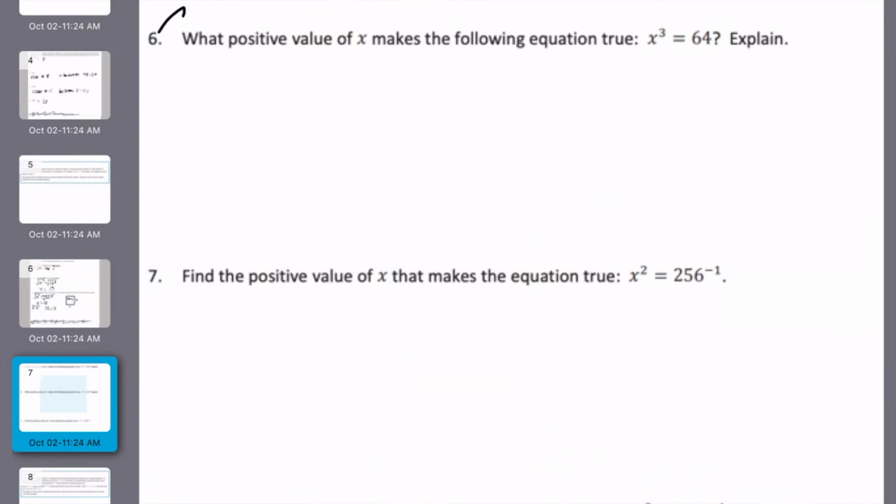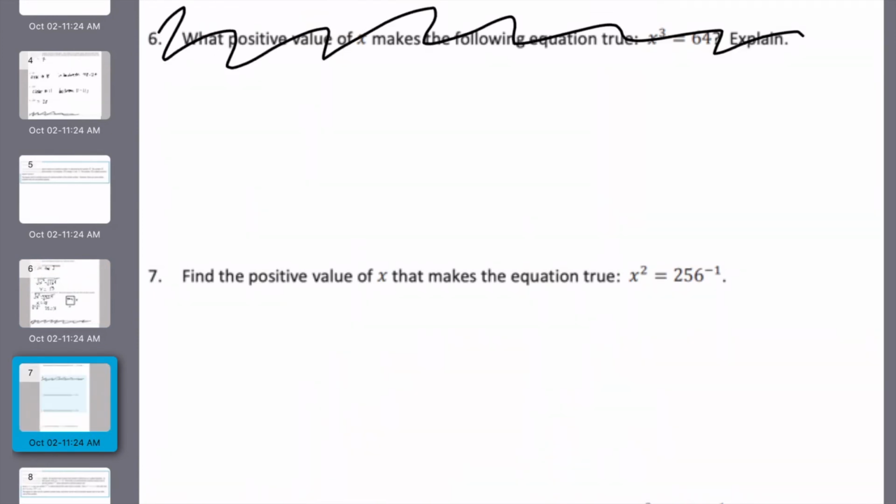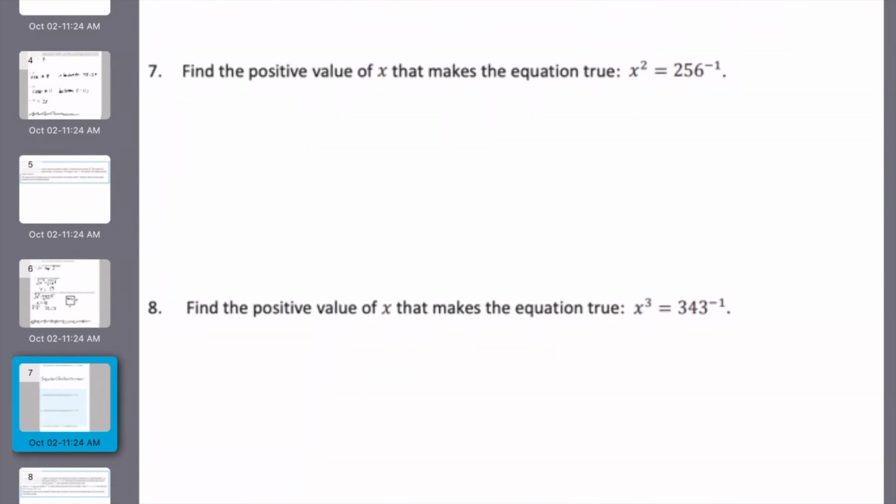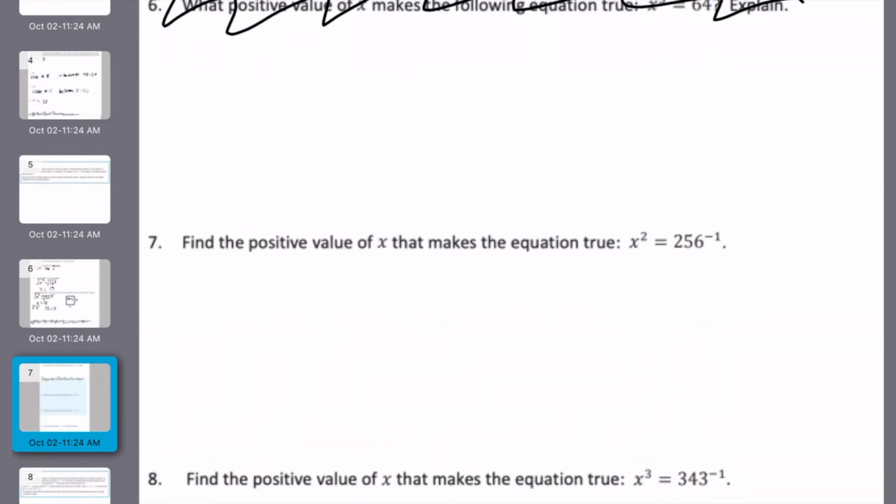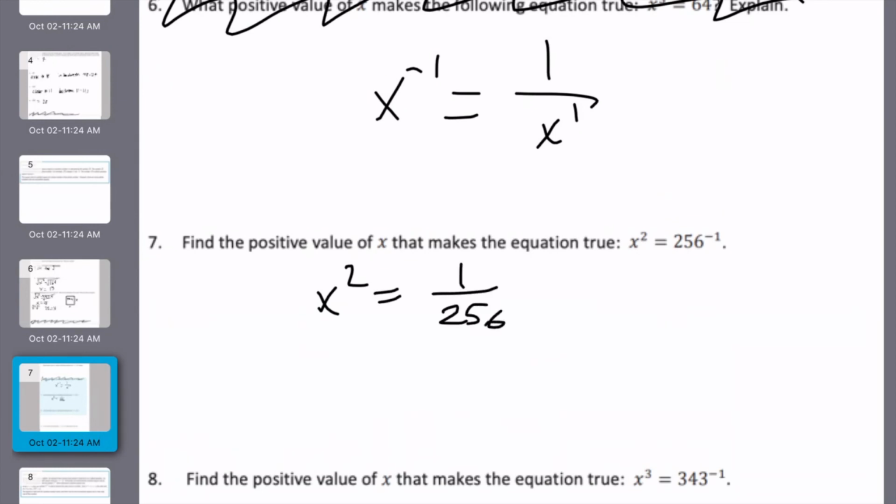We aren't worrying about anything with cubes, but number 7, find the positive value of x that makes the equation true. So this is where I need to remember my exponent laws one more time, because I remember from my exponent laws that whenever I had x to the negative first power, that's the same thing as 1 over x to the first. That's also the same for just any number with a negative power. So I can rewrite this as x squared equals 1 over 256.